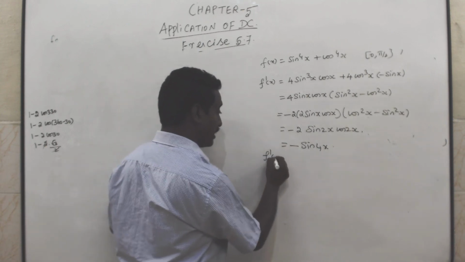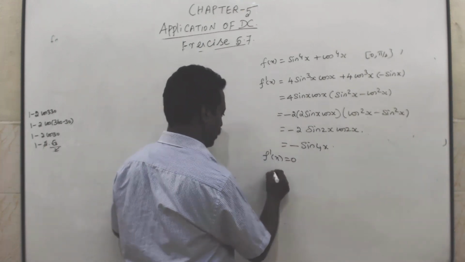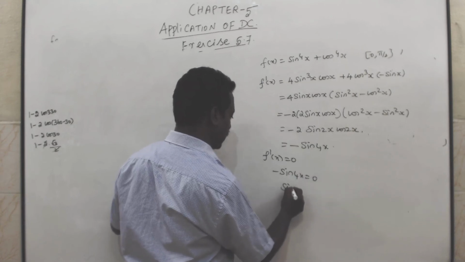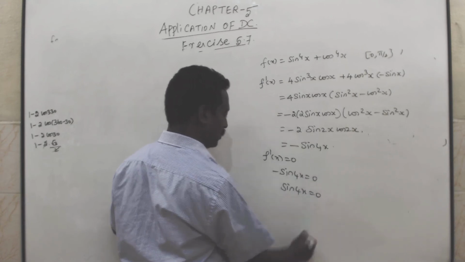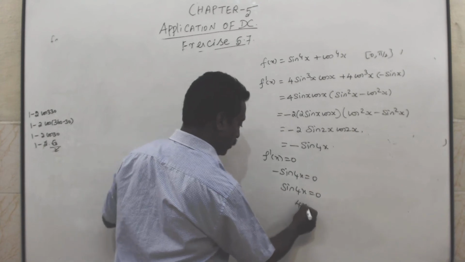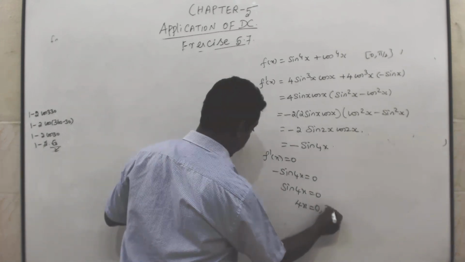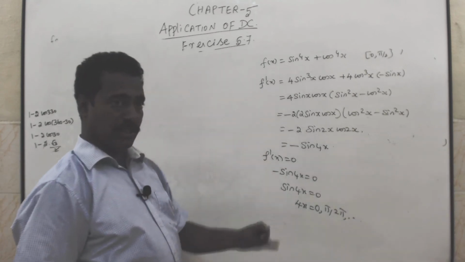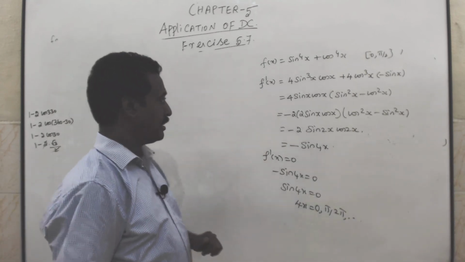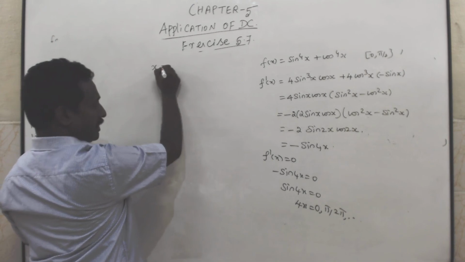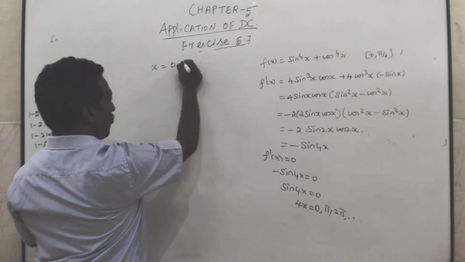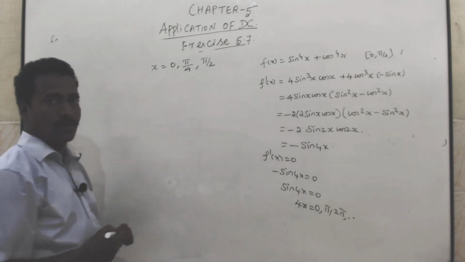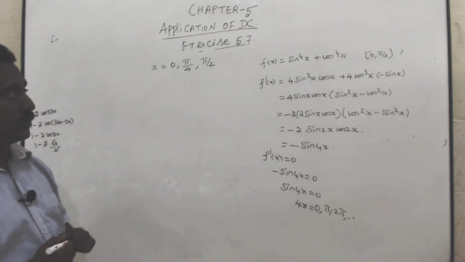F dash of x equal to 0: minus sin 4x equal to 0. That is sin 4x equal to 0. 4x equal to 0, pi, 2 pi, etc. Sin 0 is 0, sin pi is 0, sin 2 pi is 0. Therefore, x is equal to 0 by 4, pi by 4, 2 pi by 4 which is pi by 2.